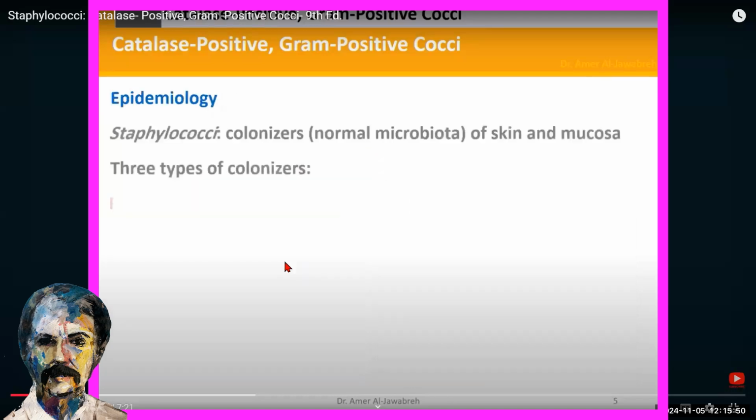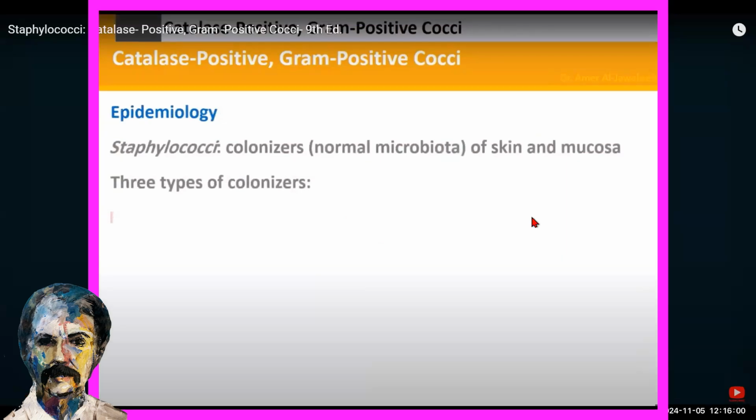Okay, epidemiology. Where do we find the staph? Well, the staph in some people can be on the skin, staphylococci, and normal microbiota. And we call these colonizers. Many people don't have the staph at all, but some they have it. And those who have it, we call them colonizers.